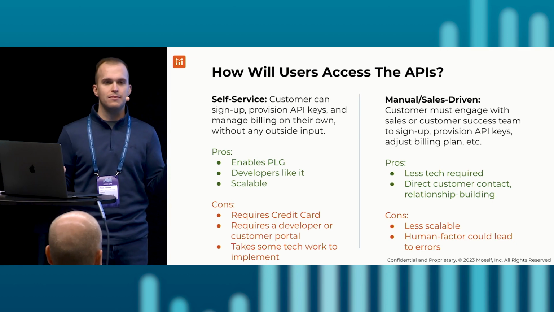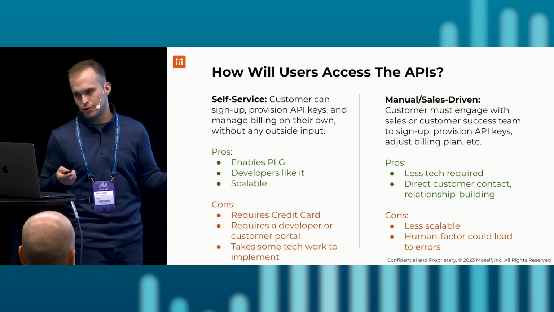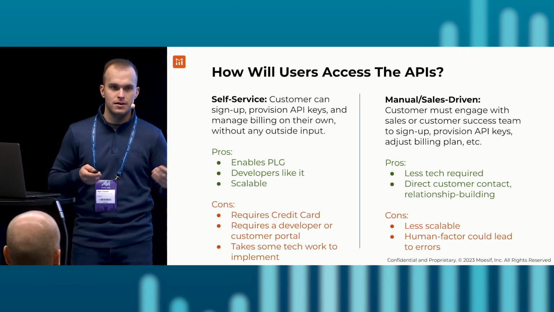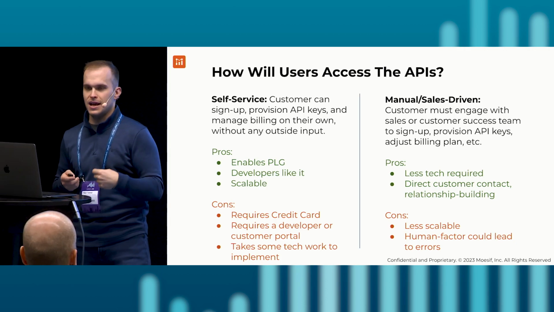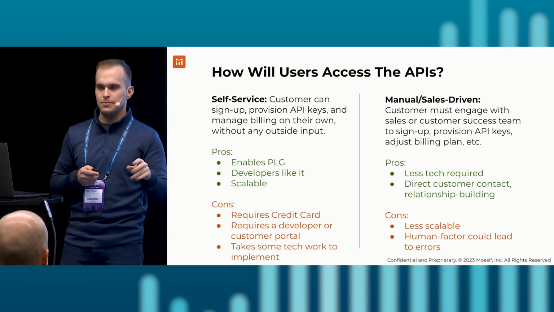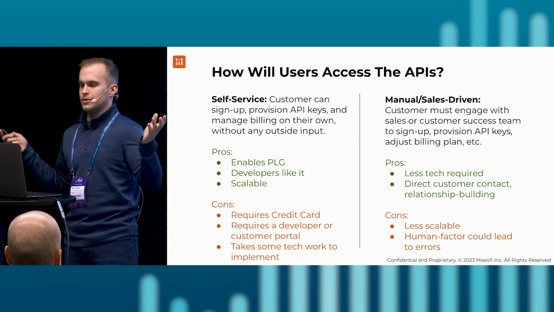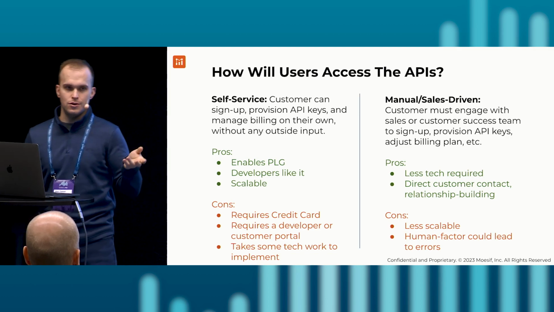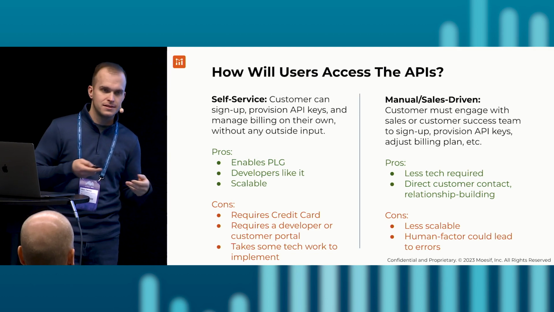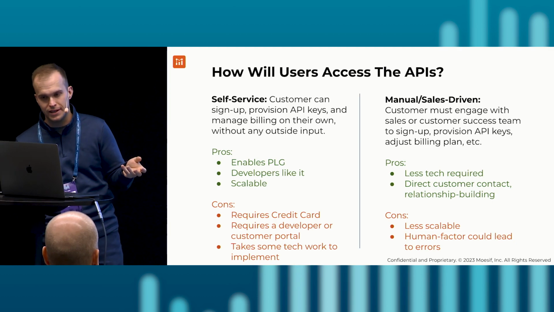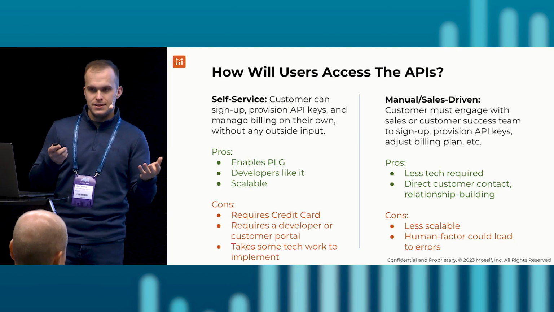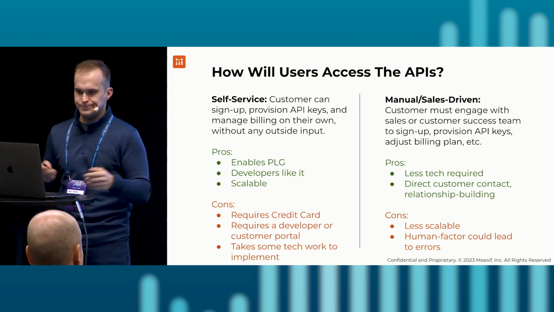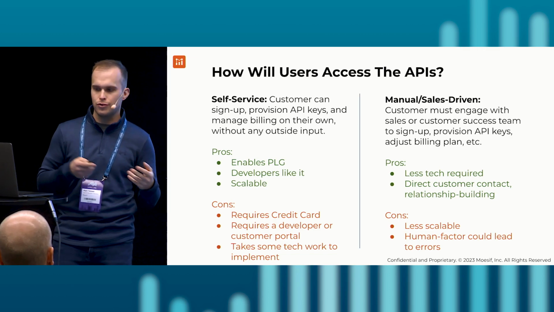Or are we going to do a more manual, sales-driven approach, where a customer might come to you, say, hey, I want to pay you $10,000 for your API, and the customer success team or sales team handles the sign-up. Then you might manually provision API keys. You might adjust the billing plan manually. Either of these are viable, but they come with their own pros and cons.